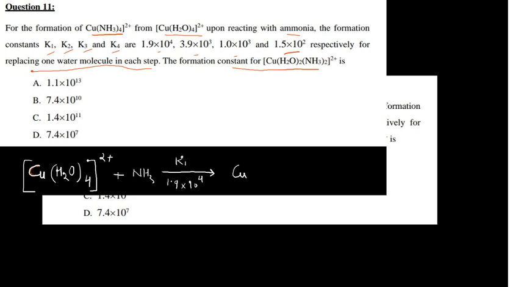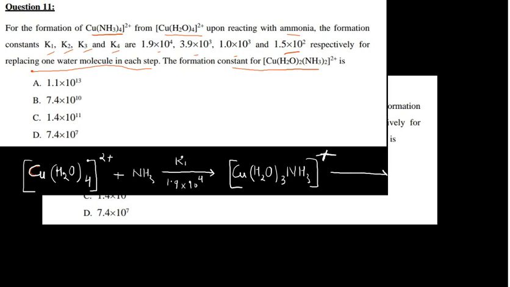And when this reaction happens, one of the ammonia will replace one of the water molecule, so Cu(H2O) whole thrice I can write here, and then I can put NH3 over there, positive charge here, and one of the water molecule will be replaced.